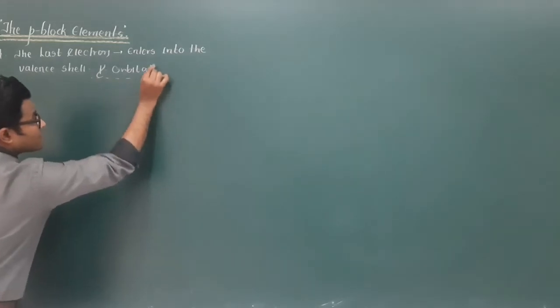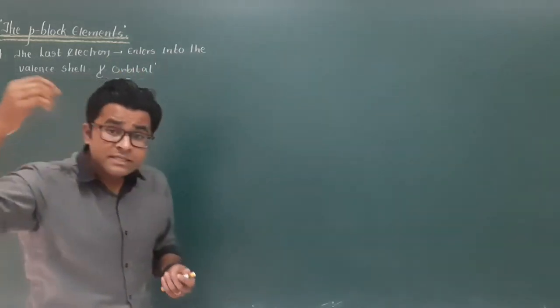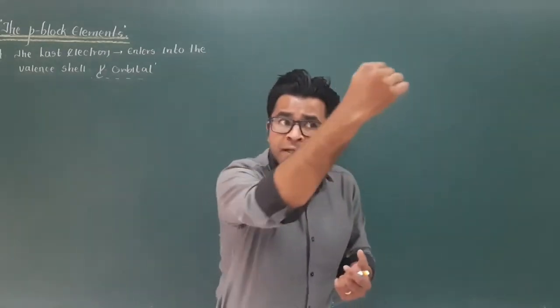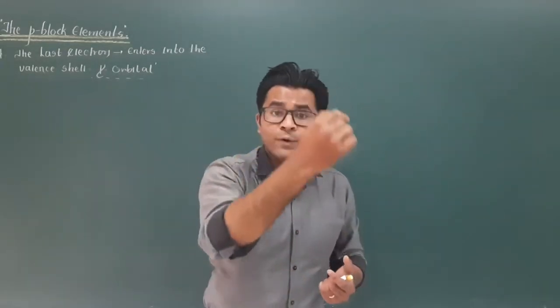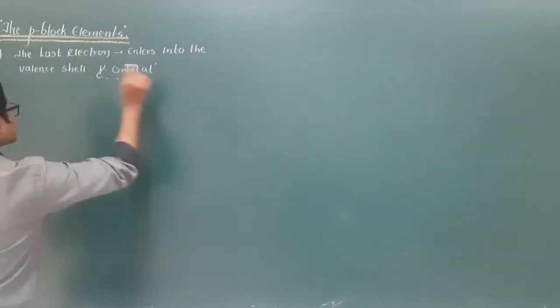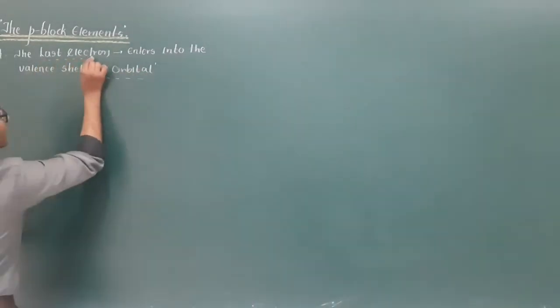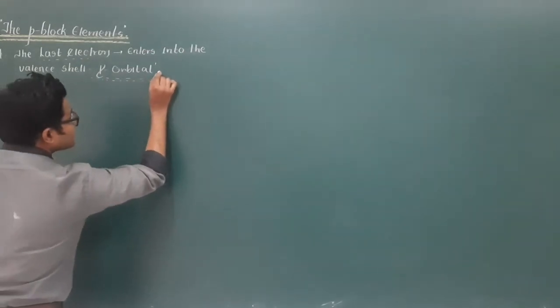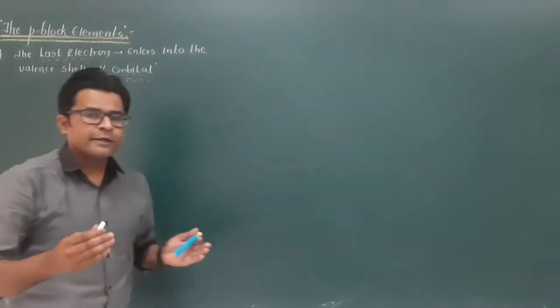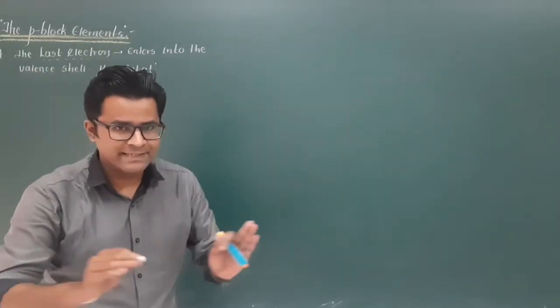That means the last electron is entering into the p orbital of the last orbit. So those elements in which the last electron enters into the outermost p orbital, we classify under the p block elements. Quite simple as that.